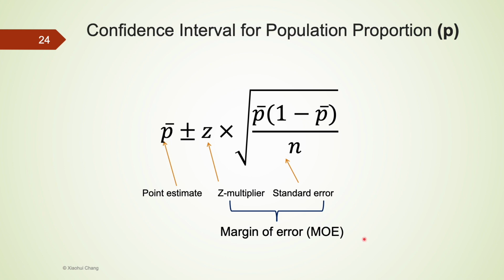The margin of error again is a product of two things, a z-multiplier from a z-distribution and the standard error. The standard error is the square root of p bar, the sample proportion, times 1 minus p bar, divided by sample size. It is worth noting that we always use a z-multiplier for population proportion confidence interval estimates.